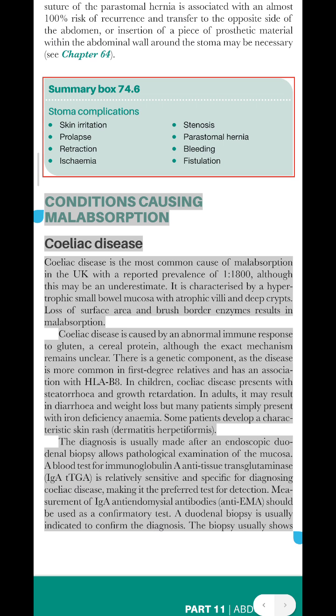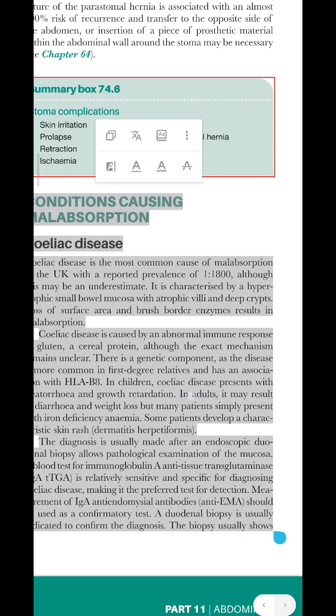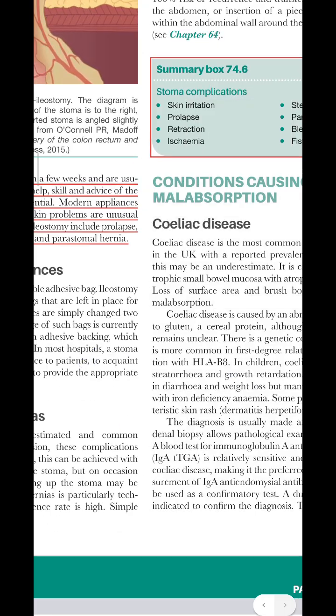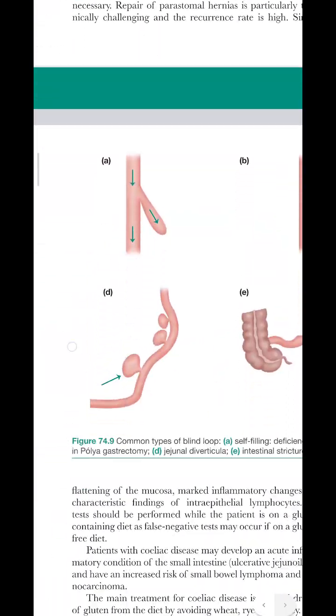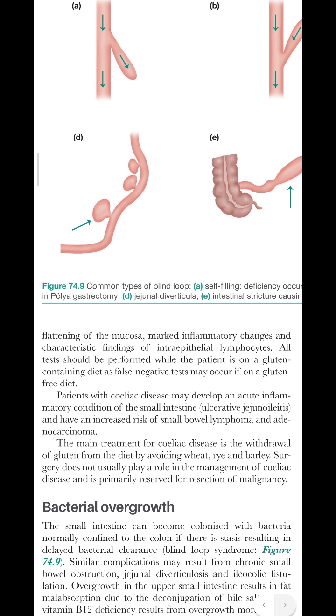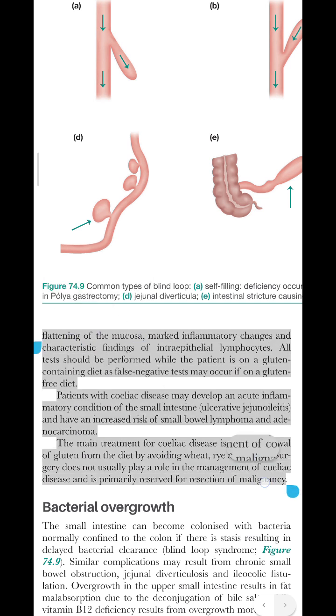A duodenal biopsy is usually indicated to confirm the diagnosis. The biopsy usually shows flattening of the mucosa, marked inflammatory changes and characteristic findings of intraepithelial lymphocytes.